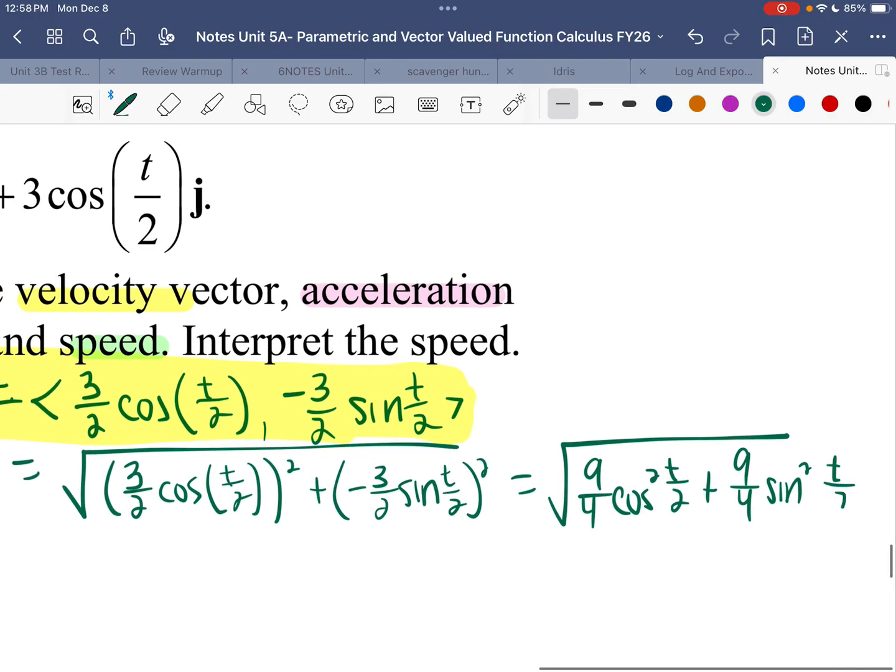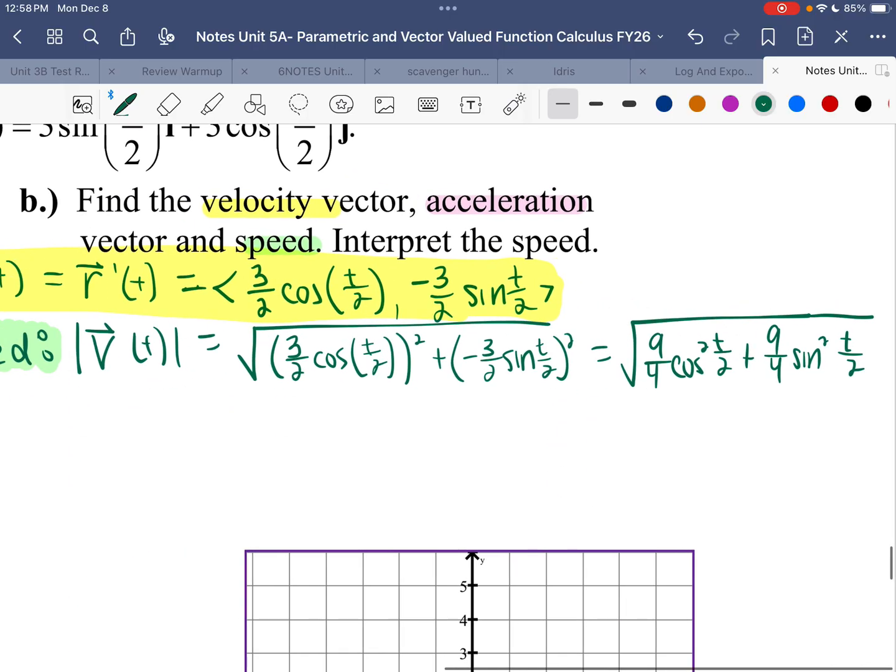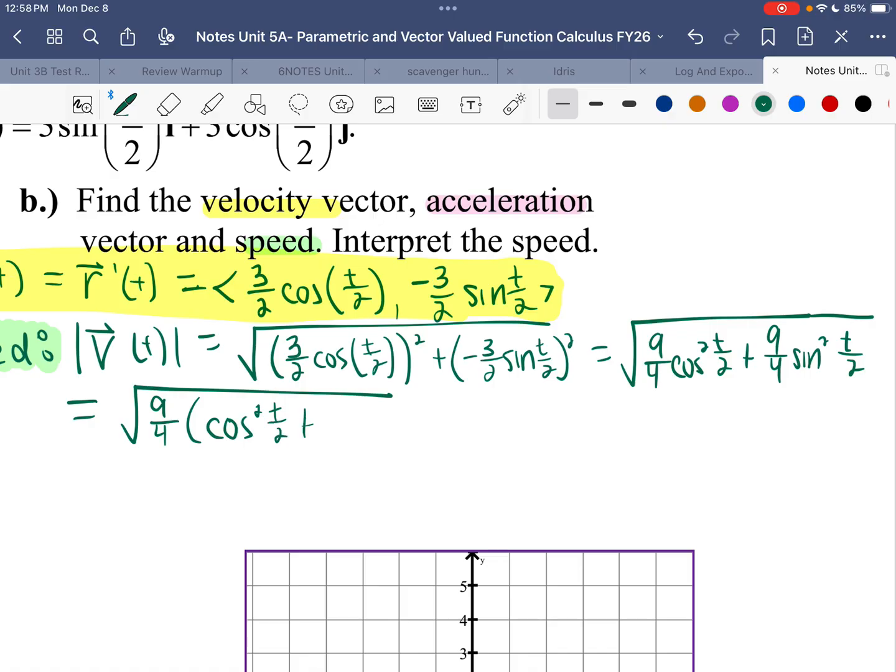What could we factor from both of these? So factoring out from both cosine squared and sine squared, you can factor out the 9/4. And you're left with cosine squared t over 2 plus sine squared t over 2.